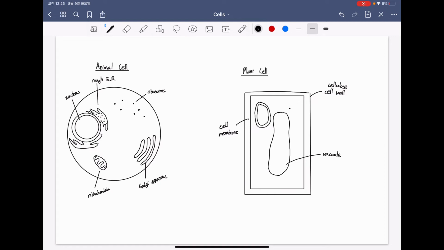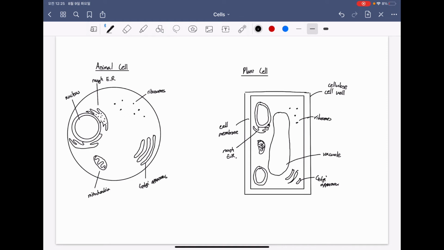Like an animal cell, it also has ribosomes, rough ER, Golgi body, and mitochondria, and it also has a chloroplast, which is responsible for photosynthesis.